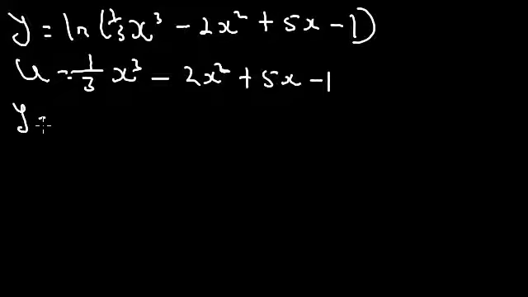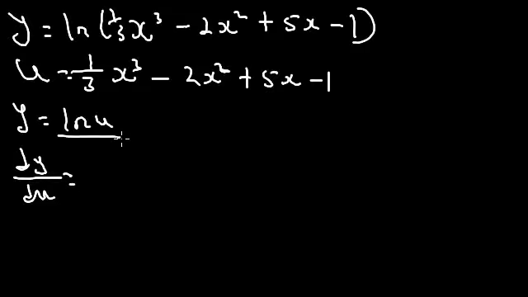Thus, our y is now ln u. It's easy for us to differentiate u, likewise y. So dy/du is simply, this is ln u. Make sure you know the difference compared to the previous one, which was log of base a to u.